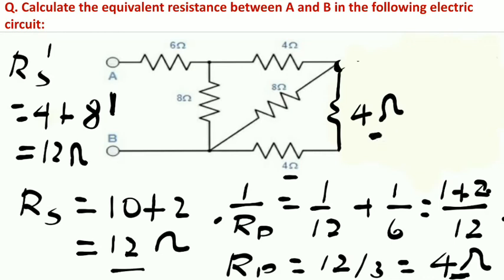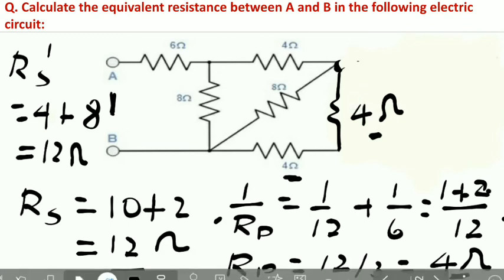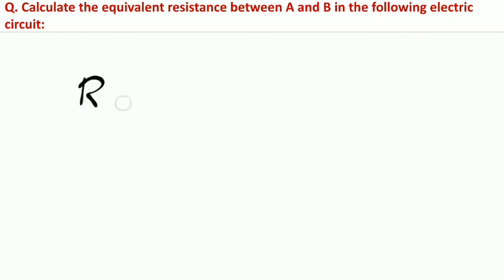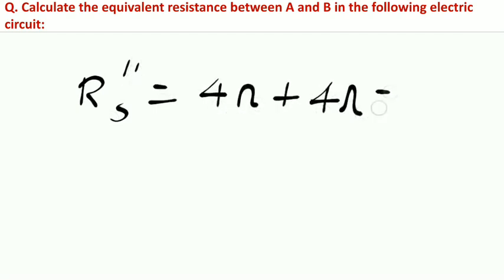So let us calculate their resultant. We will take it as Rs double dash, which is 4 ohm plus 4 ohm. It becomes 8 ohm. So the resultant of this 4 and this 4 is 8 ohm. Why? Because these two are in series.